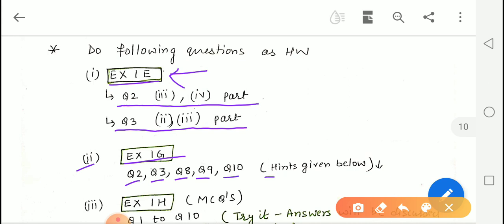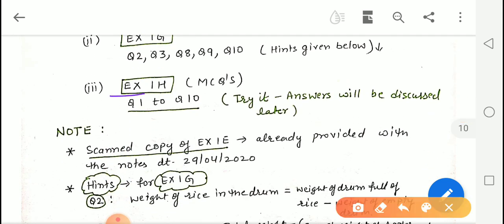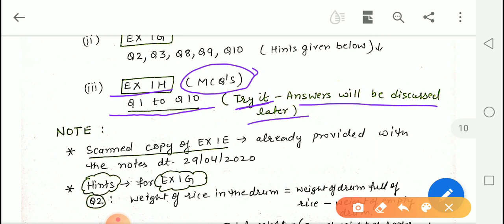I have given you the hints below, so see the hints. Now from exercise 1H, these are basically MCQs. You have to try to solve questions number 1 to 10 in the same copy, and the answers will be discussed later. I will discuss the answers with you later on. Just try this.